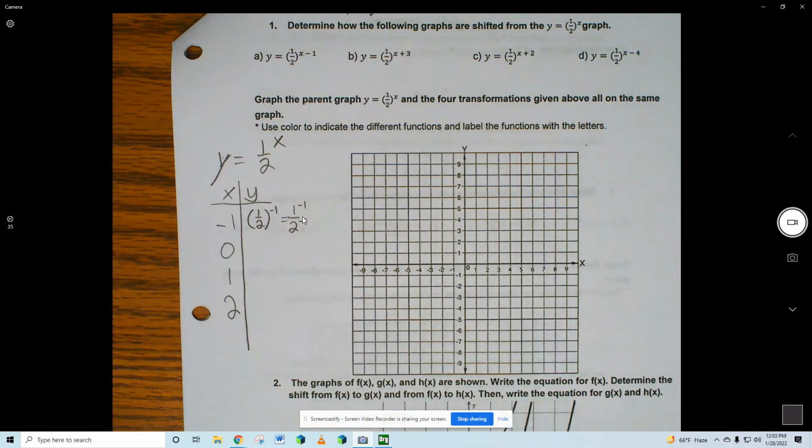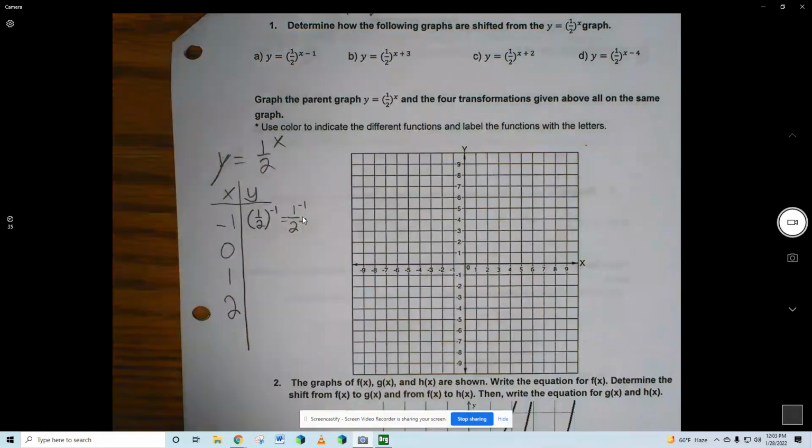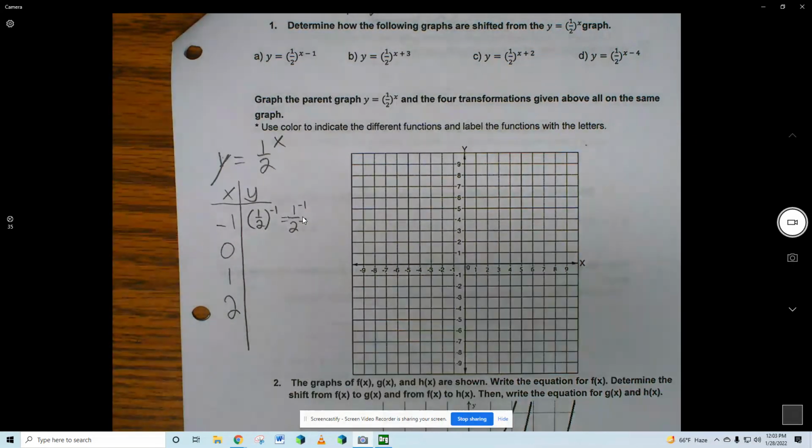I have negative numbers in my exponent. What happens when I have negative exponents? They turn to a positive, but I have to take the reciprocal.